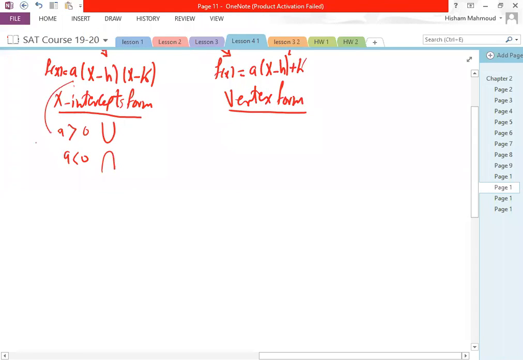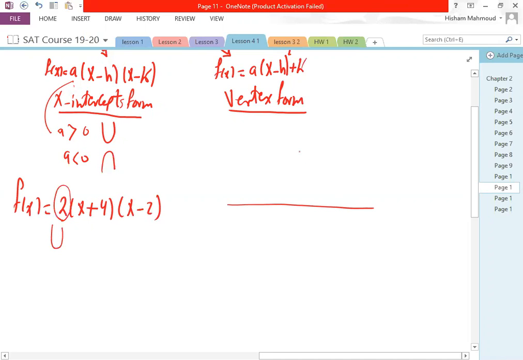Let's study an example. For example, f of x equals 2 times (x plus 4) times (x minus 2). I know that the coefficient here is positive, so it opens upward.